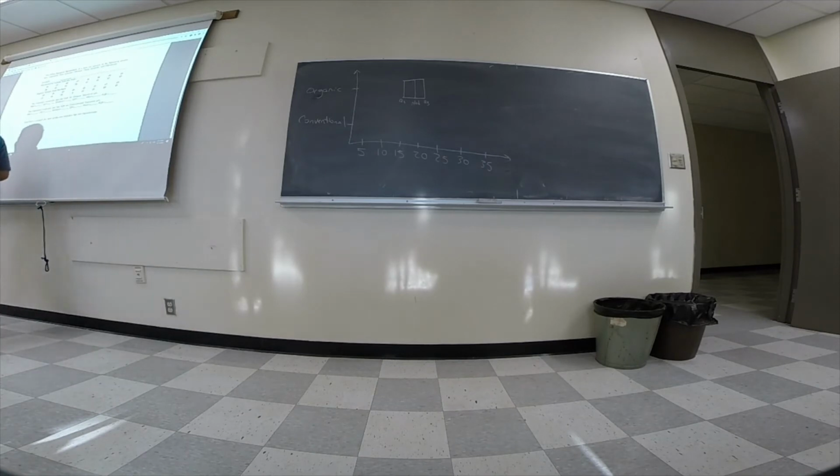Okay. So for organic, I have 2 outliers. I got a lower outlier at 8, upper outlier at 32. So we don't draw the whisker to the outliers. We draw the whisker to the point that's closest to our boundaries, which are here. So I'm not going to draw it to 8 because 8's cut off.